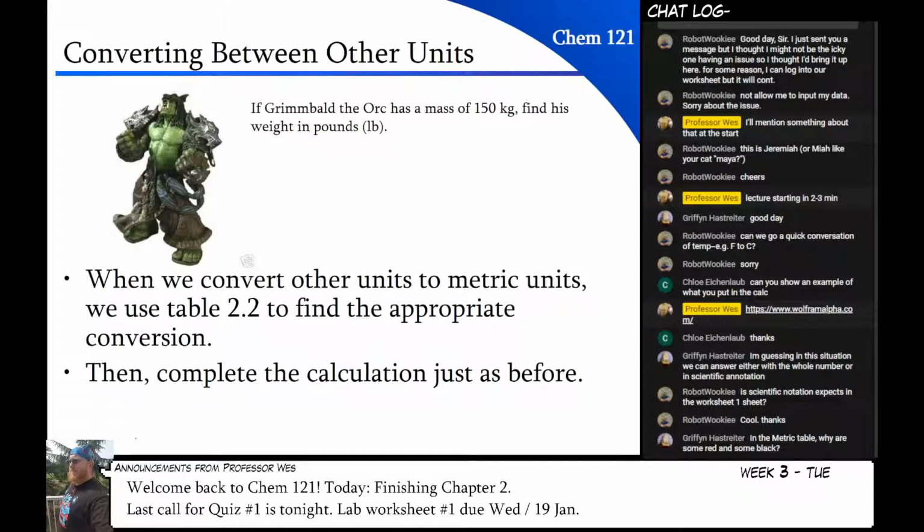For this problem, we are going to convert 150 kilograms to a different unit of weight, which is pounds. And so we need to look up a relationship between kilograms and pounds, and some number of each is going to be our conversion here. Now, if you have table 2.2 available, you could flip to that and look up the conversion on there.